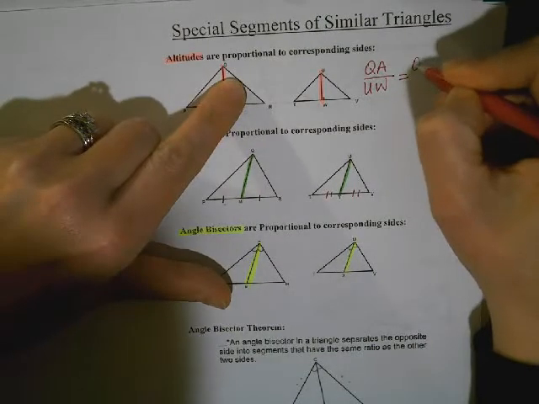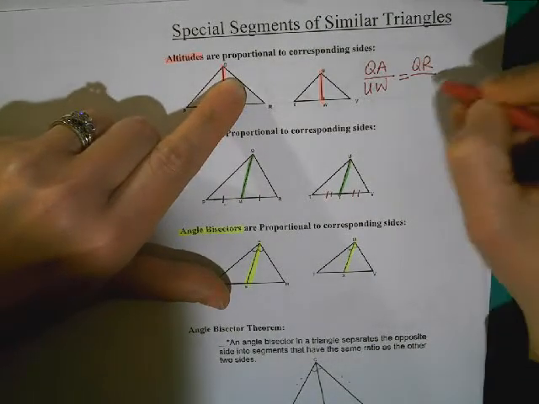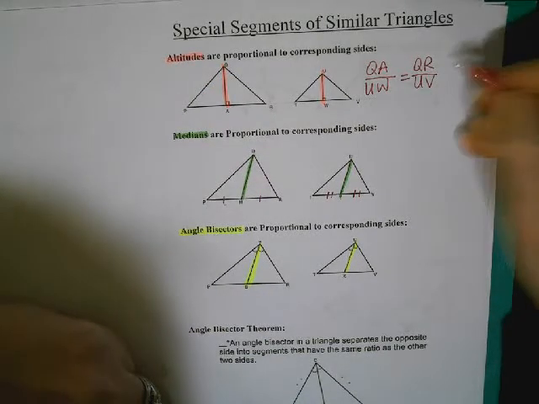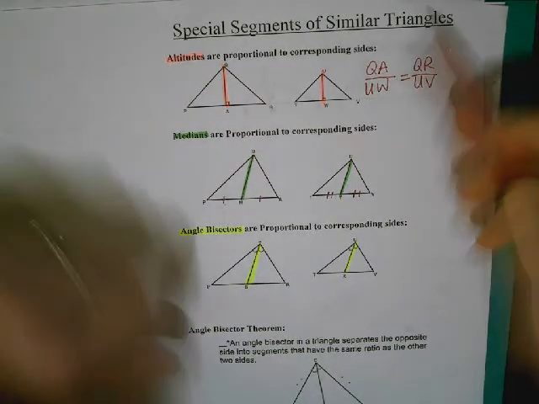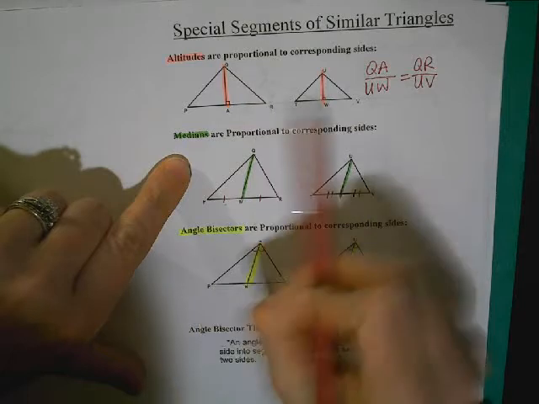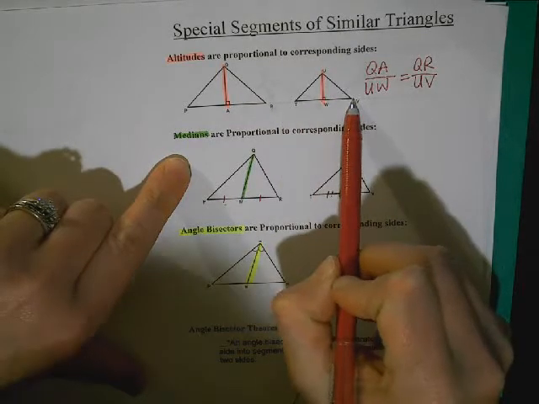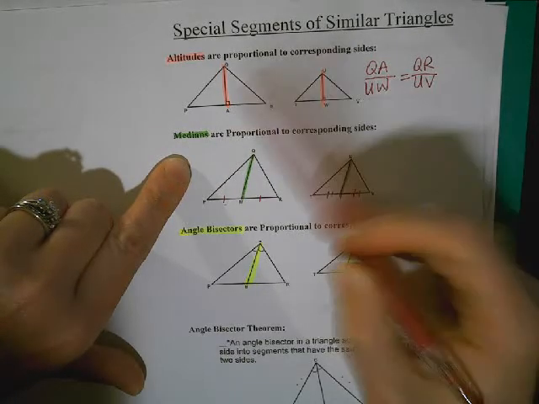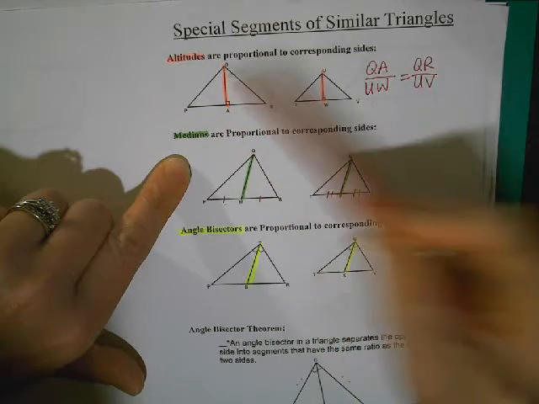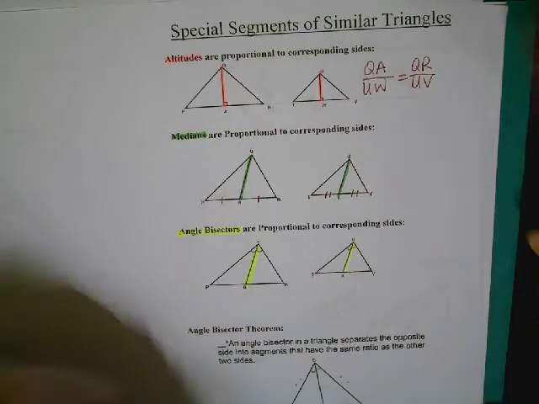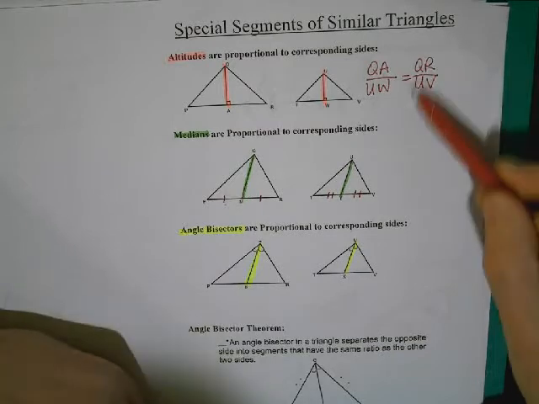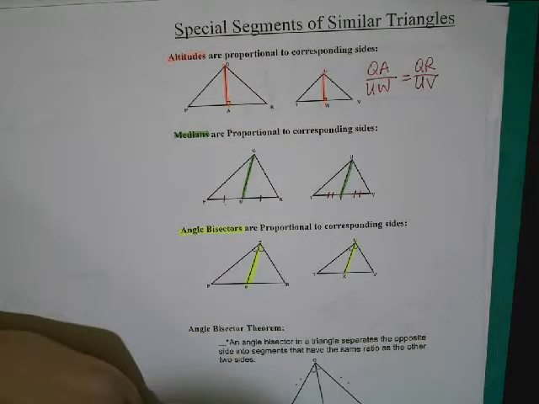So we could say QR over UV. We could say QA over UW equals PR over TV, or we can say QA over UW is equal to PQ over TU. You could pick any set of corresponding sides as your second fraction right here.